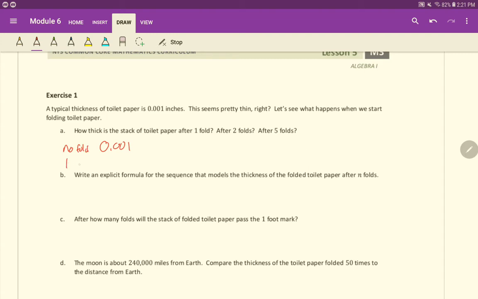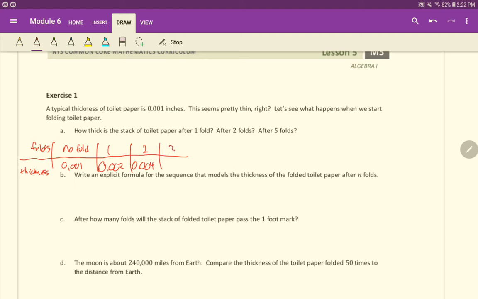Then for 1 fold, thickness, we'll say there. So 1 fold, what happens to the thickness when you fold it? If you fold it in half, it doubles the thickness, so it'll be 0.002. Then with 2 folds, we'll double it one more time, so it'll be 0.004.